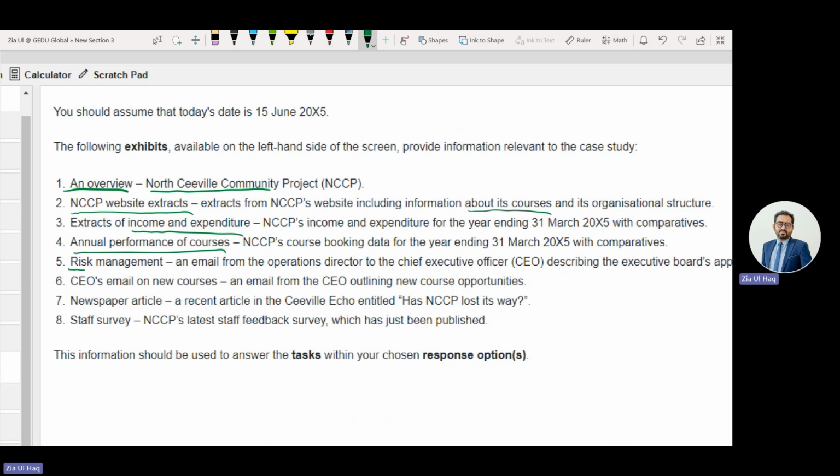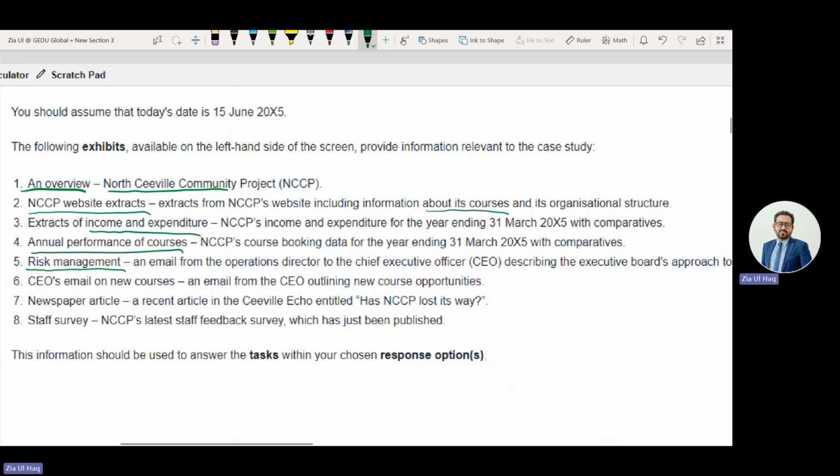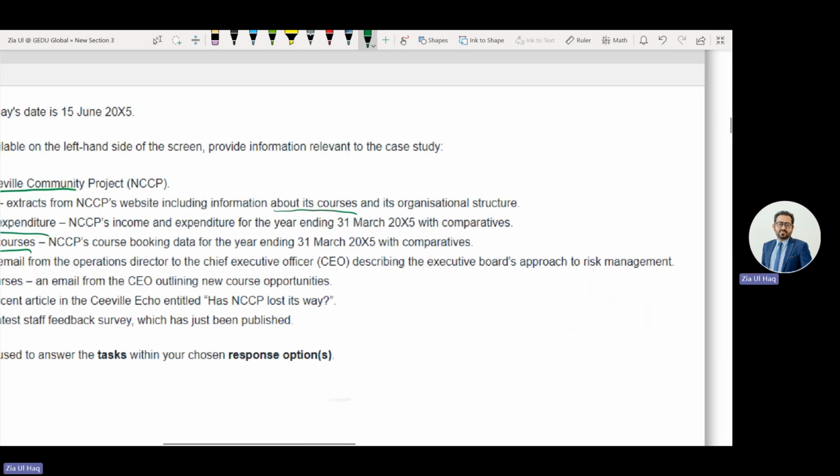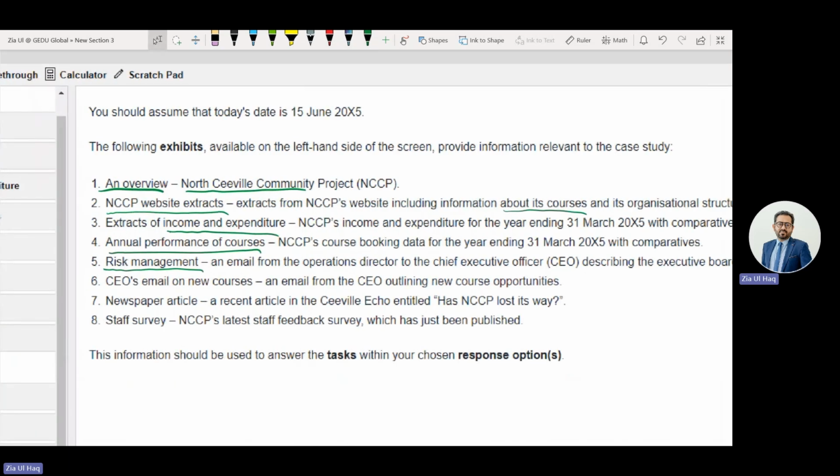Exhibit 6 is about risk management. An email from the operation director to the chief executive officer describing the executive board's approach to risk management. Exhibit 5 is about risk, business risk. Exhibit 6, CEO's email on new courses. An email from the CEO outlining a new course opportunity. I mean, they are going to launch a new course.